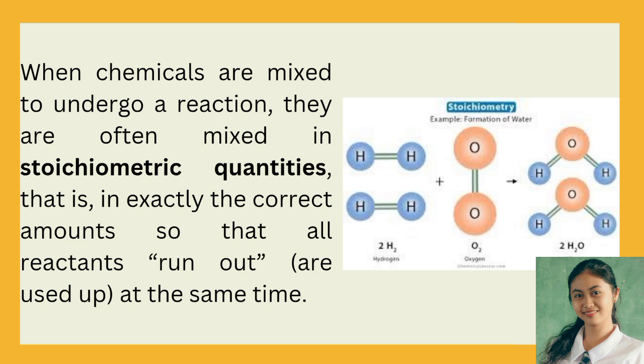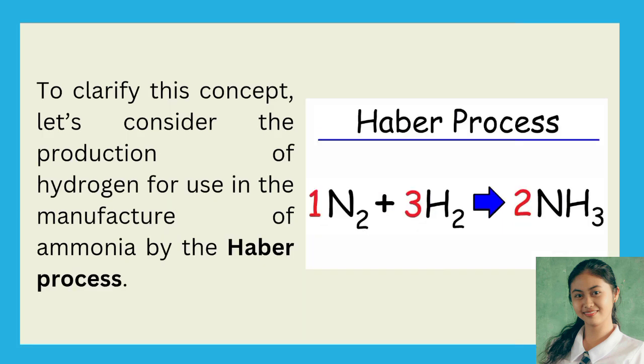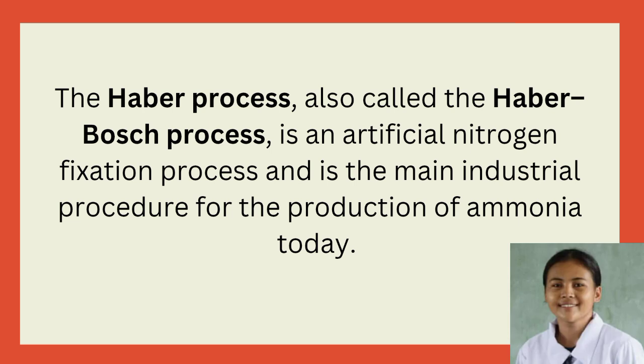That is, in exactly the correct amount so that all reactants run out at the same time. To clarify this concept, let's consider the production of hydrogen for use in the manufacture of ammonia by the Haber process. The Haber process, also called the Haber-Bosch process, is an artificial nitrogen fixation process and is the main industrial procedure for the production of ammonia today.